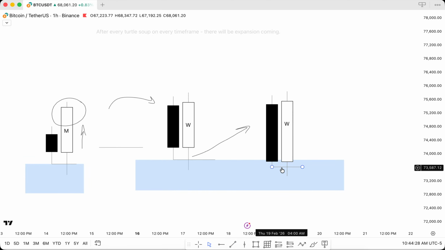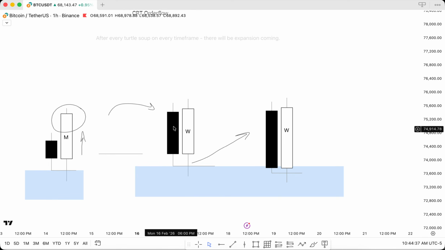Now the profile says what? We are profiling the monthly candle in the daily and weekly charts. We are using a single candle to profile a higher time frame range, which is this time-based range.